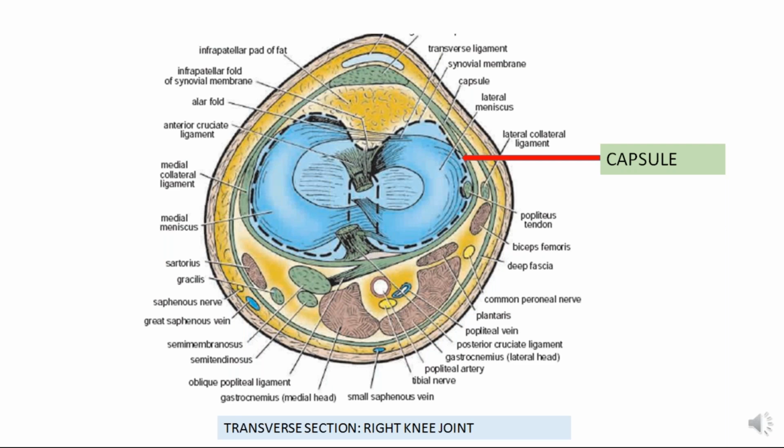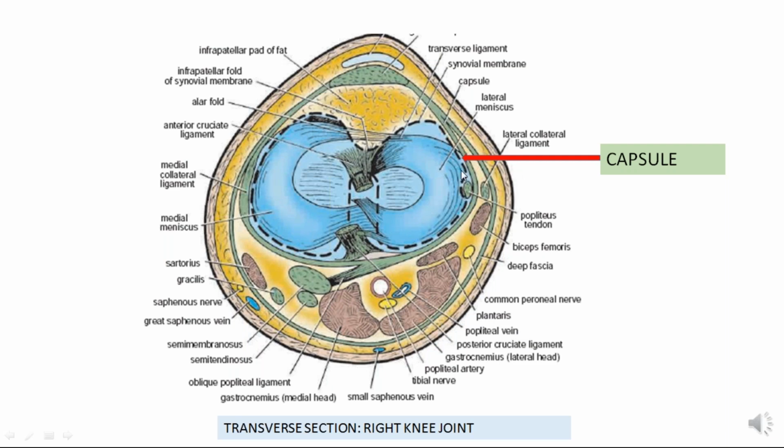Yes, by looking at the tibial condyles over which the medial and lateral menisci are located, and by looking at the shape of the meniscus, can you make out which is the medial and the lateral one? Yes, this longer one is the medial meniscus. So this is the medial side and this one is the lateral side.